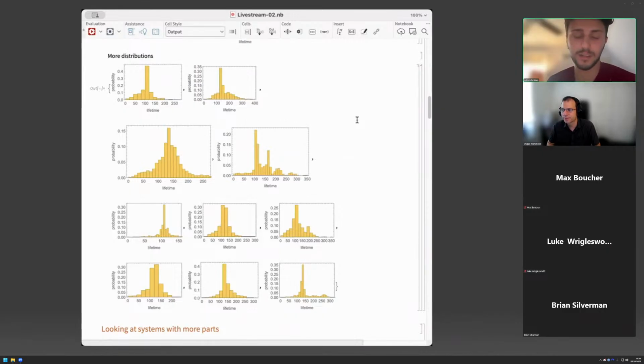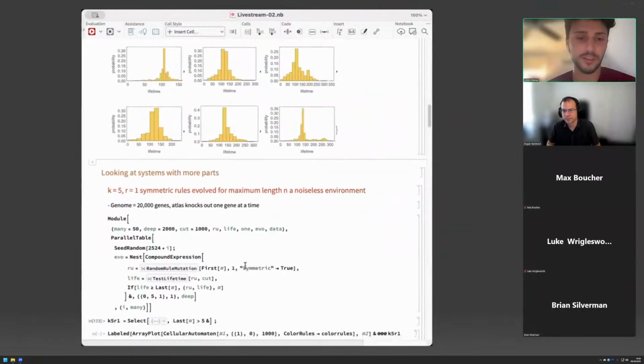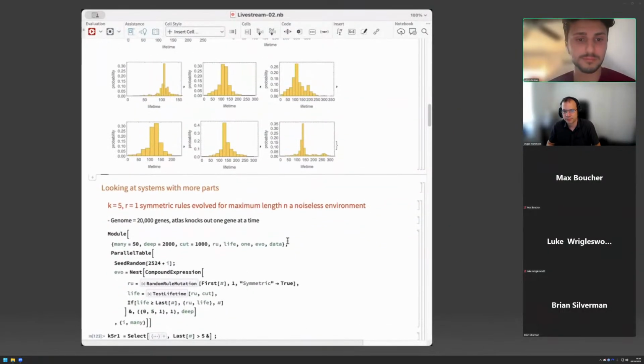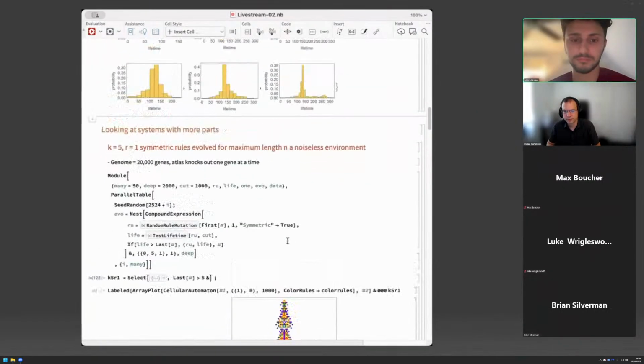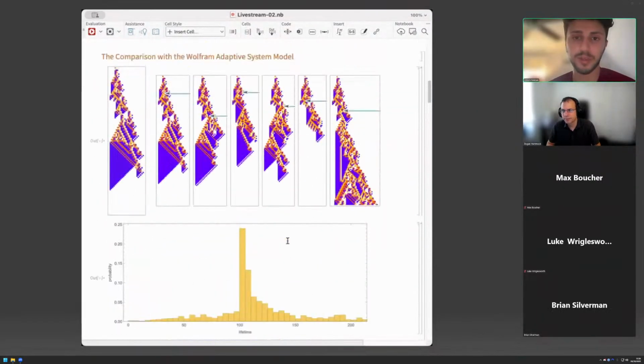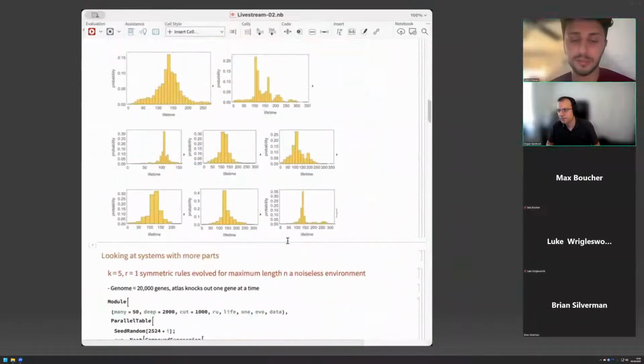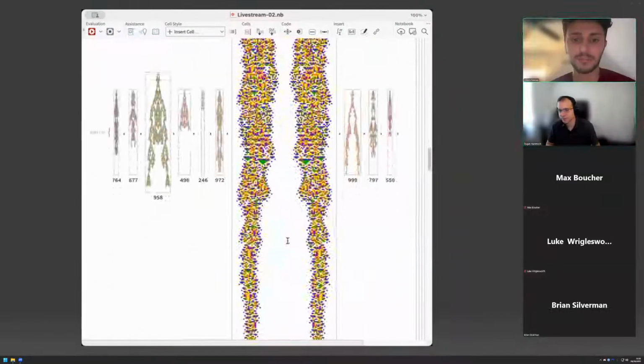I think the ones we're looking at are not quite complex enough to get perfectly similar behavior, but for the core features of what's going on, I think so. So maybe it's good to keep going now.